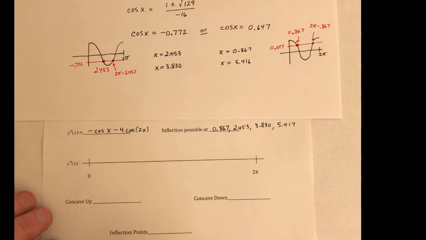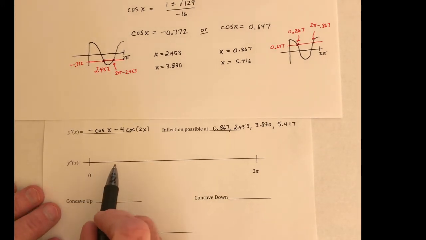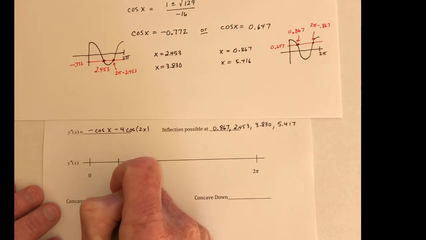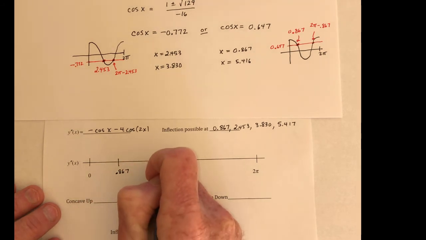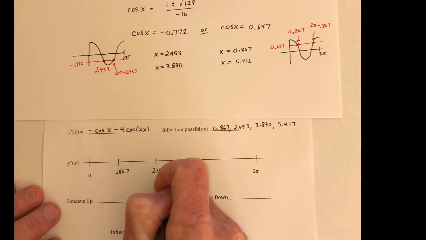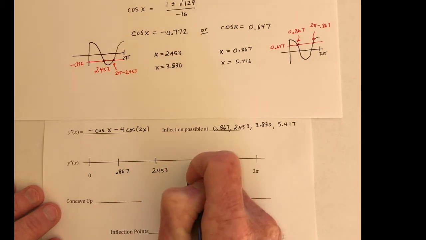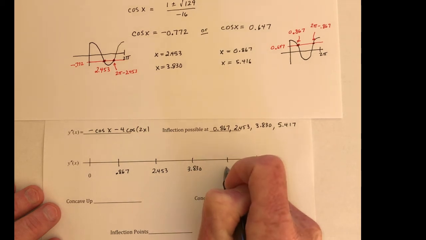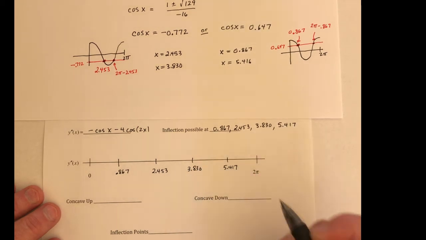And then also, I need to put them on the number line. So 0.867 is approximately right here. 2.453, 3.830, and the 5.417.